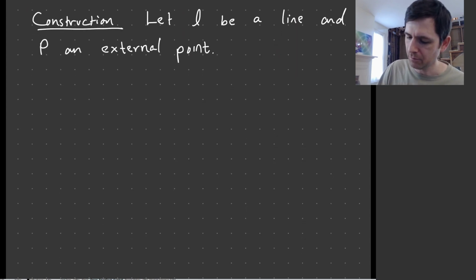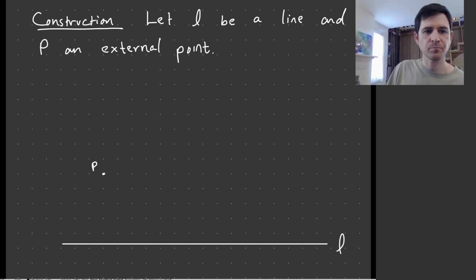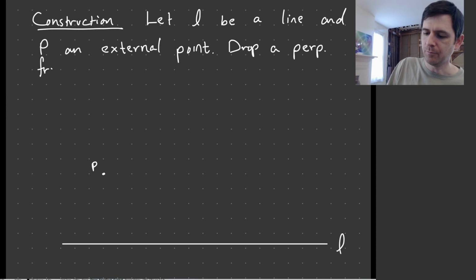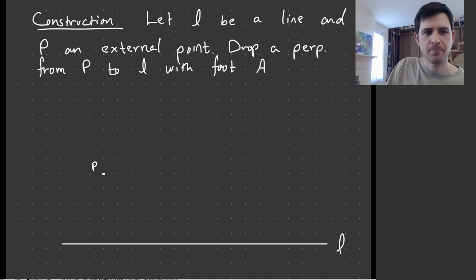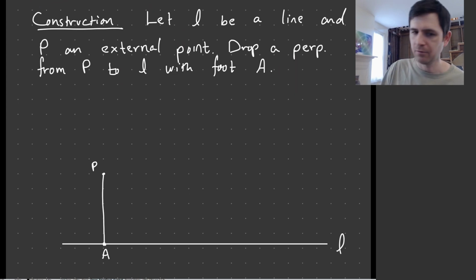So here's line L and point P, and we'll drop a perpendicular from P to L with foot A. So that's here. Here's the foot.